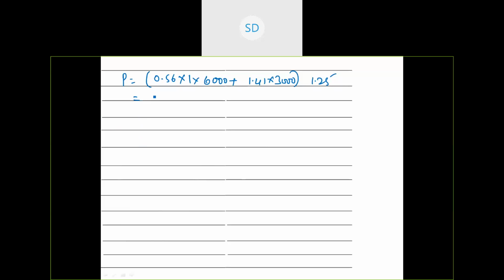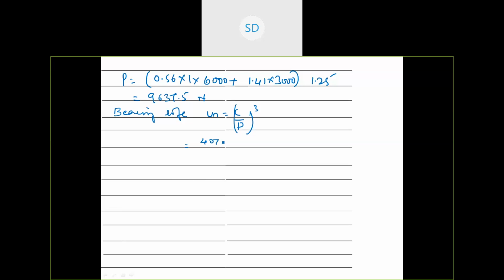Okay, so how much? 9637.5 Newton. Now let us go for bearing life. So Ln equal to C by P to the power of 3.